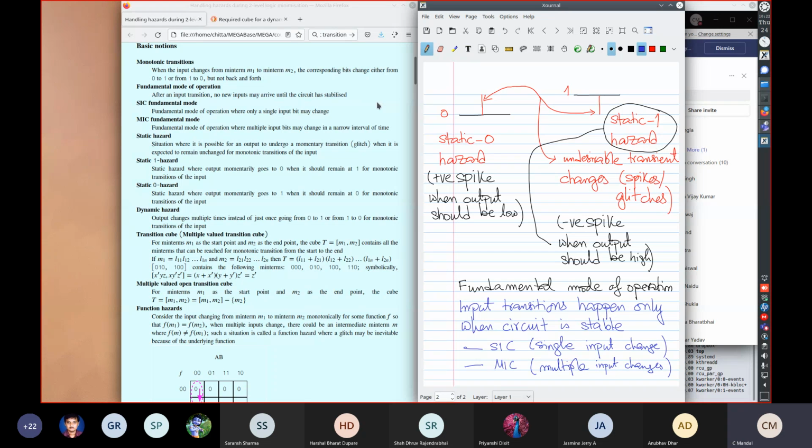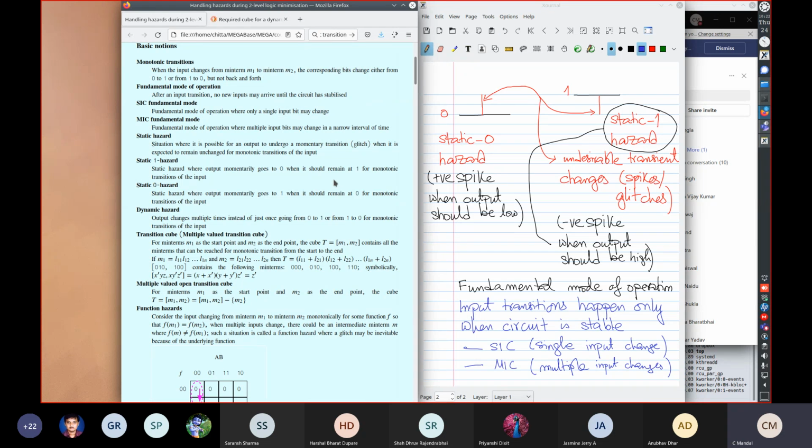So we have these definitions written here.